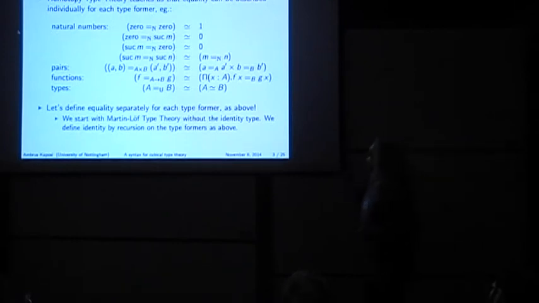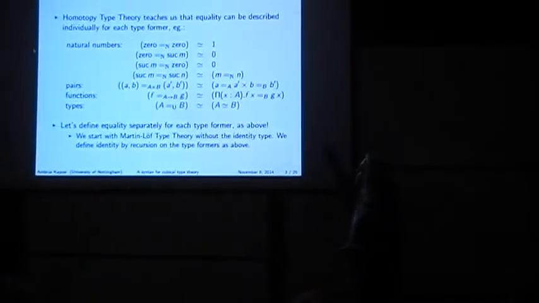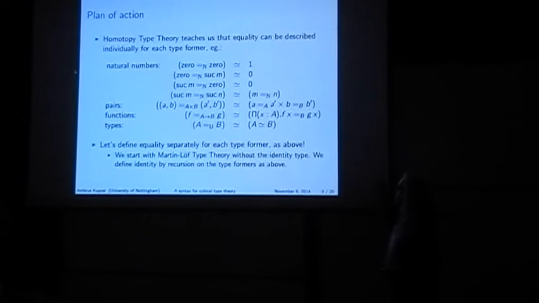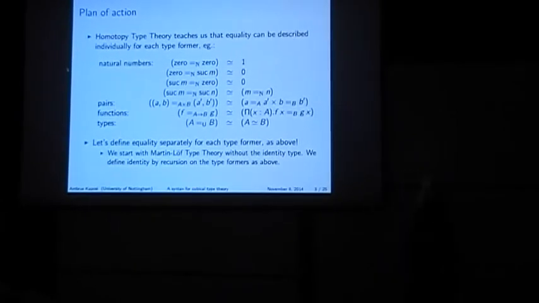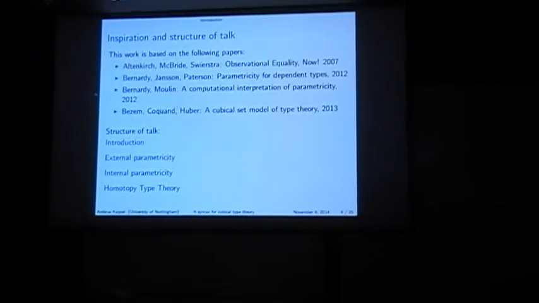So the idea is now that we start with a model of type theory without the identity type, and now introduce identity type by recursion over the type formers as shown there. It's a very simple idea. And this talk will try to make this idea more precise.